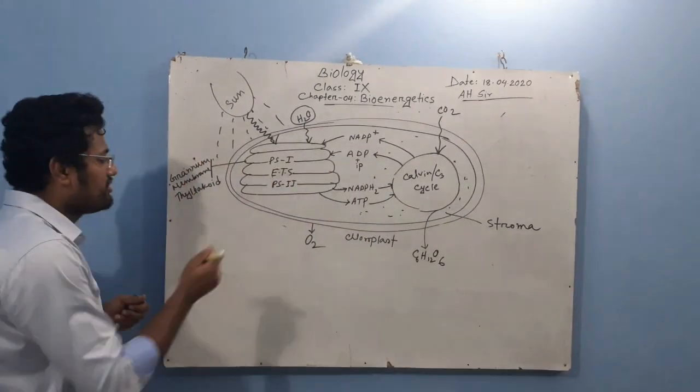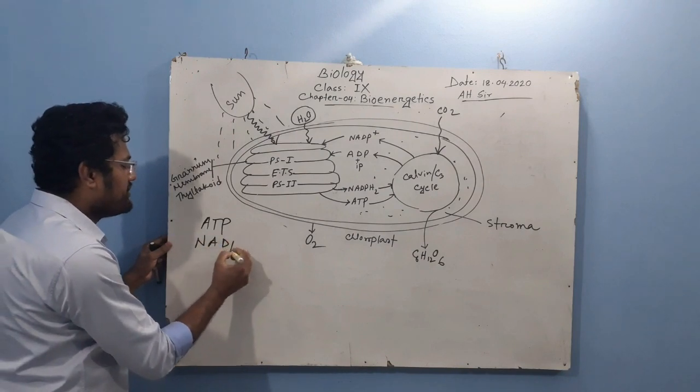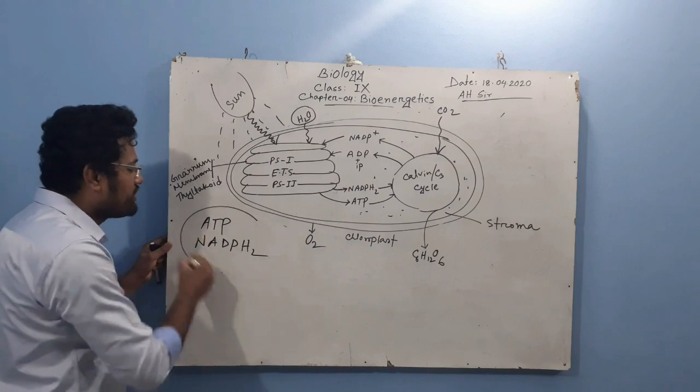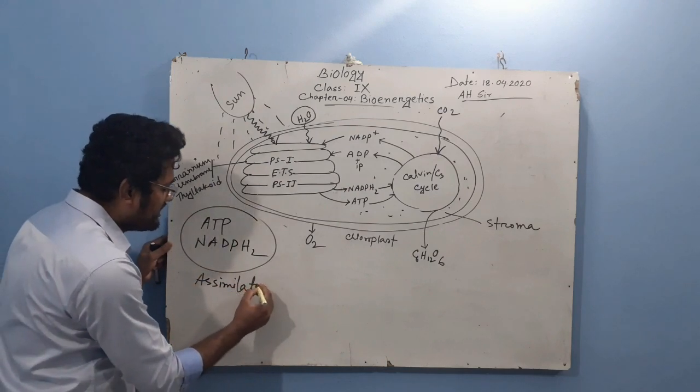In the light phase we get only ATP, adenosine triphosphate, and NADPH2, reduced nicotinamide adenine dinucleotide phosphate, together called assimilatory power.